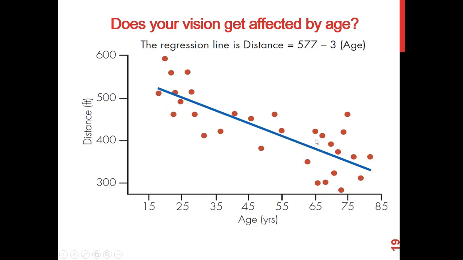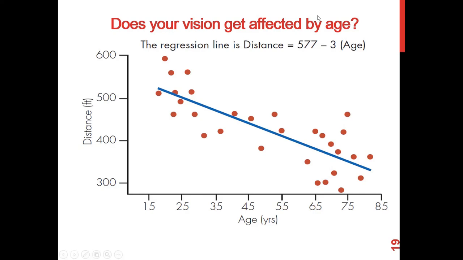So here this blue line is now representing the trend, because every individual has some variation. I cannot have all the points lying on this line. Why? Because it is obvious that every person who has that particular age will not have exactly the same vision. Suppose I have two people, both of them with age 25, their visions need not match exactly.